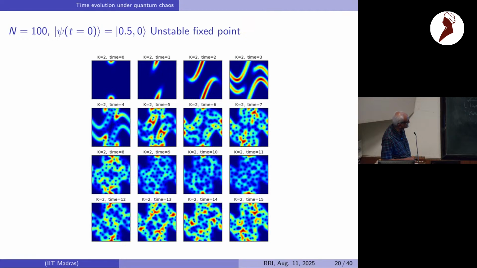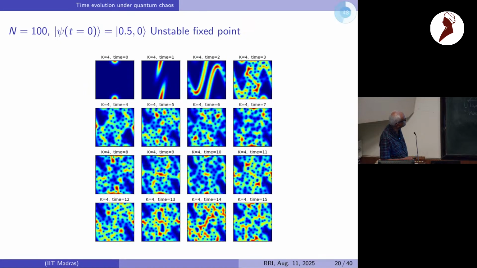This is all 0 here. There is a fixed point, that's the origin, and it has not lost its stability. There is a stable island around it, so it's not penetrating this. That's why you're seeing that it's not penetrating that. And at K equal to 4, that island has become small, but it's still there.